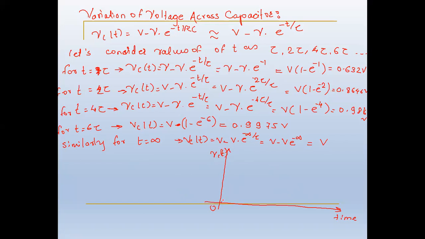So it will be now like this one, and the maximum voltage will be somewhere like this one. So it is tau, 2 tau, 4 tau, 6 tau.